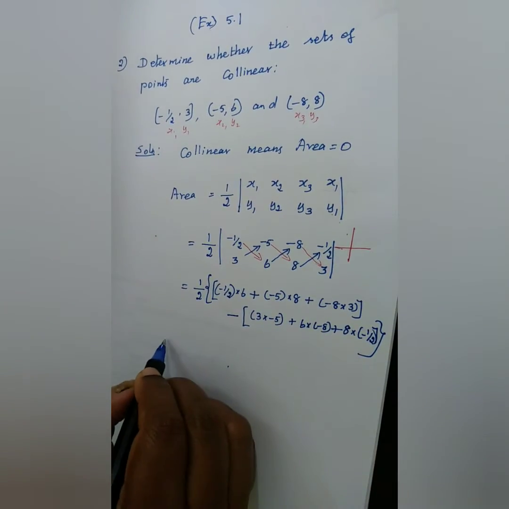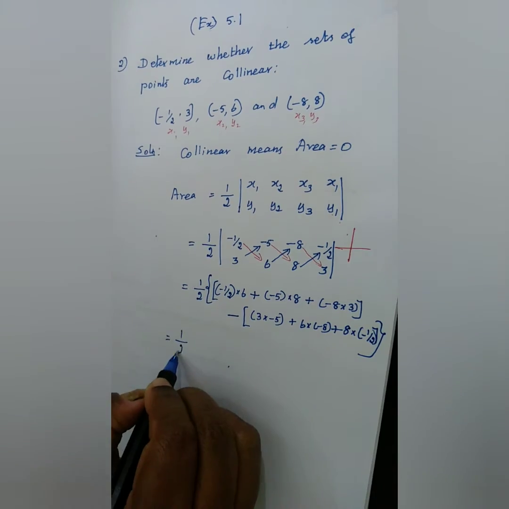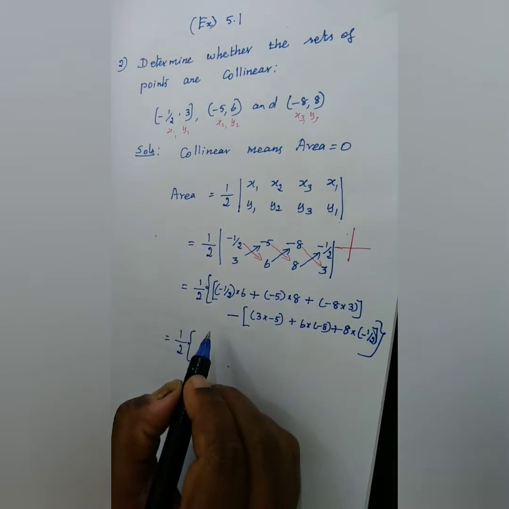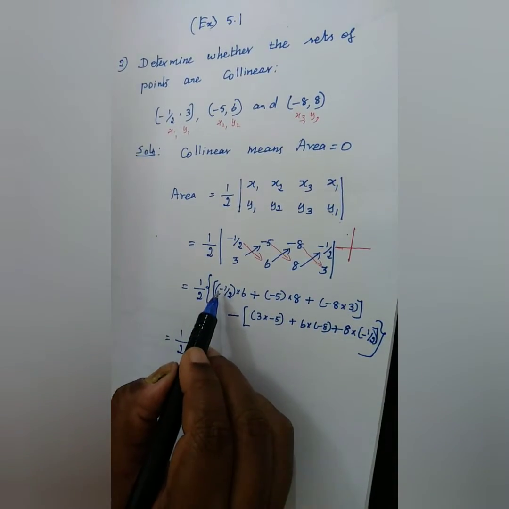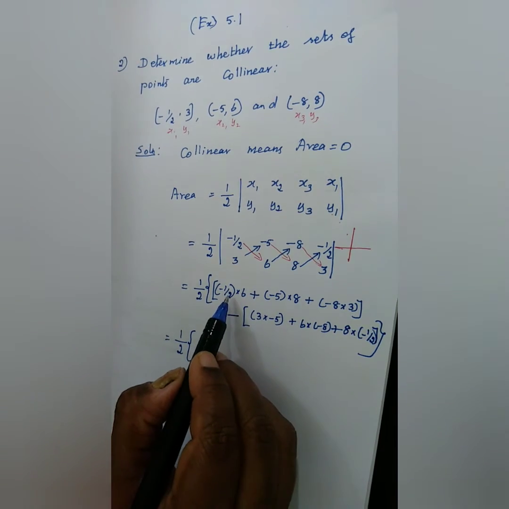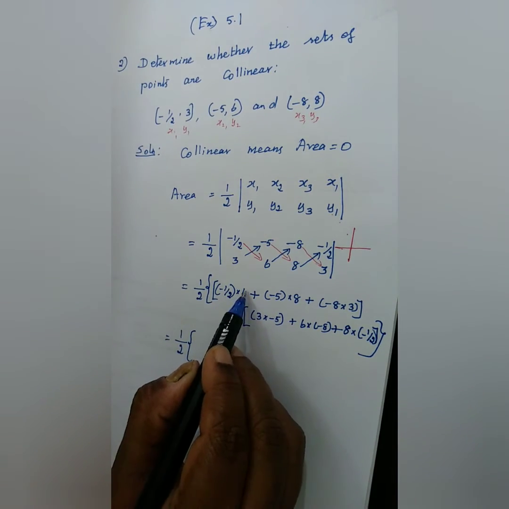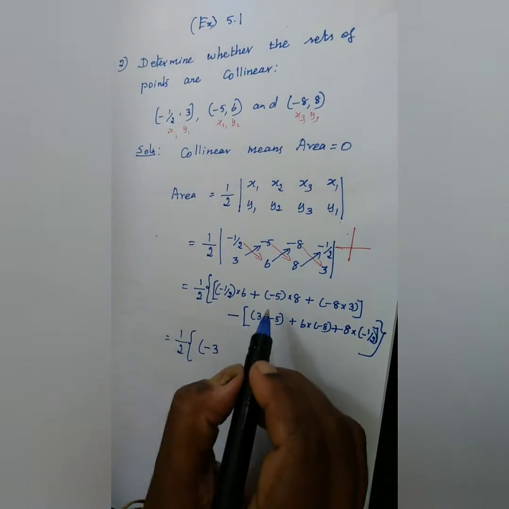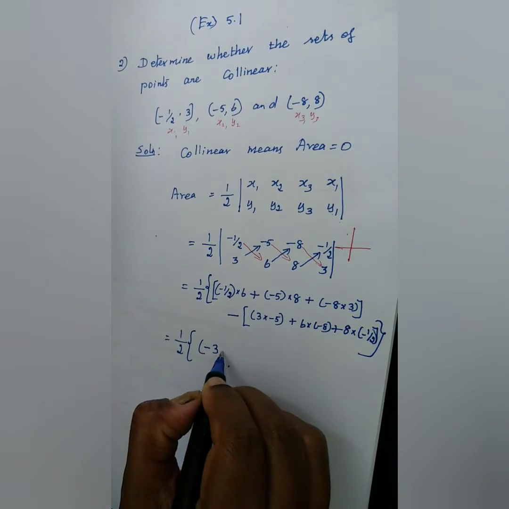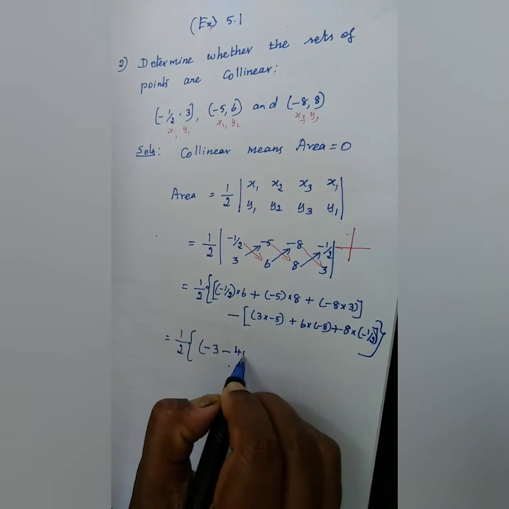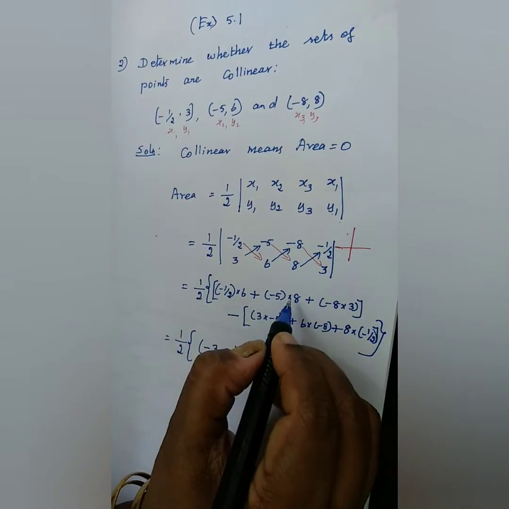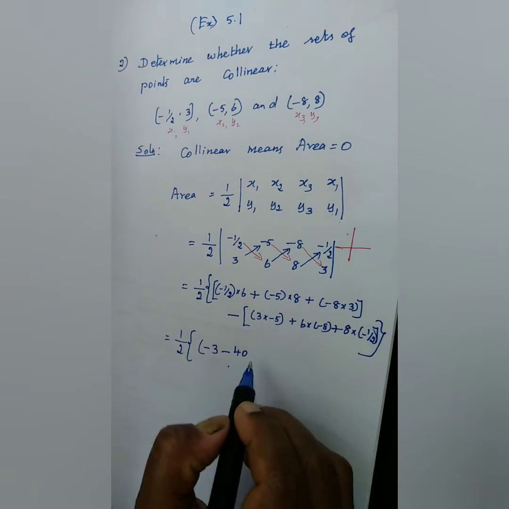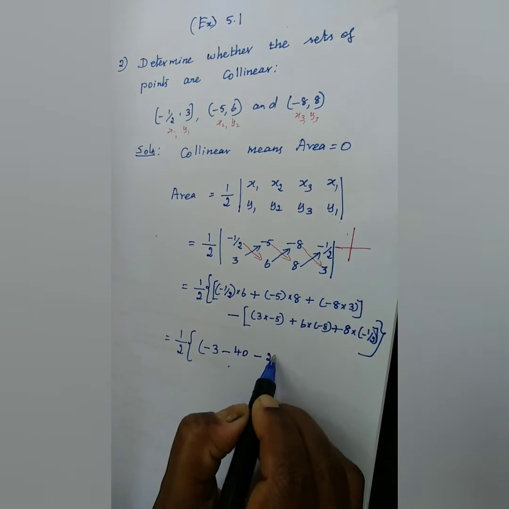I am going to simplify this. 1 by 2 into minus 1 by 2 into 6: if you cancel this 2 and this 6, we will get minus 3. Then minus 5 into 8, minus 40. Then minus 8 into 3, minus 24.